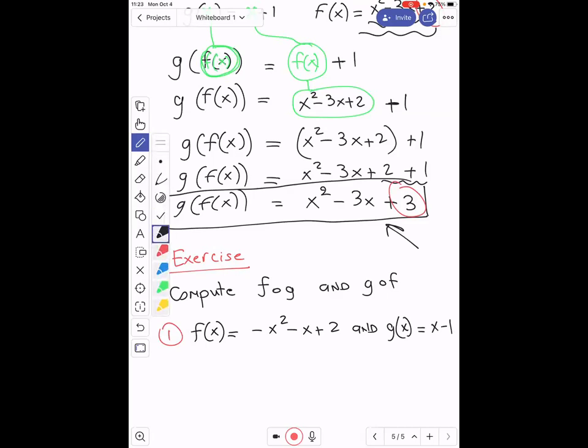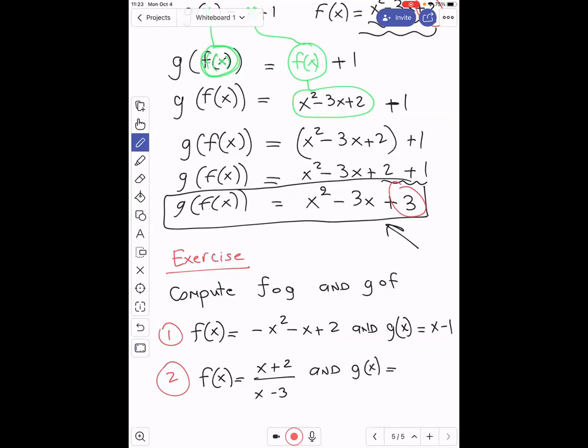Number two is more tricky than the previous one. f is x plus 2 over, let's say, x minus 3, and then g of x is just 3 over x.